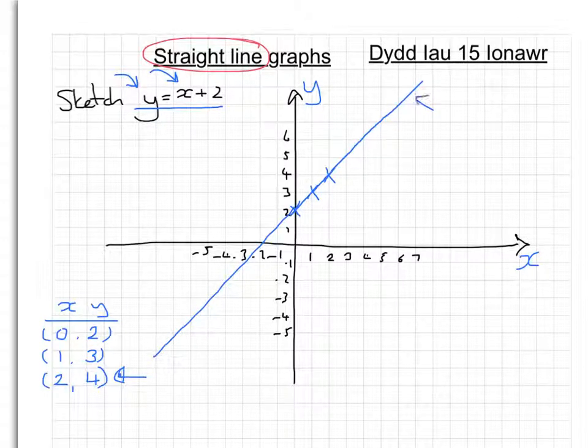Anyway, just to finish this off, I'm going to label it as y equals x plus 2. And again, just think about what that means. It means every point on that line meets or satisfies the condition or the formula that the y-coordinate is always 2 greater than the x-coordinate. So if the x-coordinate's minus 4, 2 more than minus 4 is minus 2.